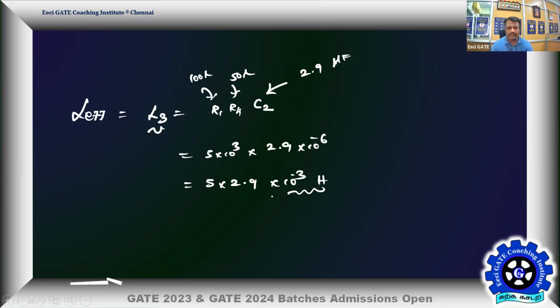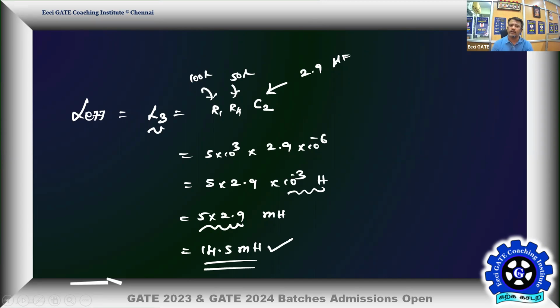So this will become millihenry. 5 into 2.9 you can do manually: 5 into 2 is 10, 5 into 0.9 is 4.5, plus, you can say 14.5 millihenry. Let me have a small check anyway. 5 into 2.9. Okay, yes. So that's a perfect answer.